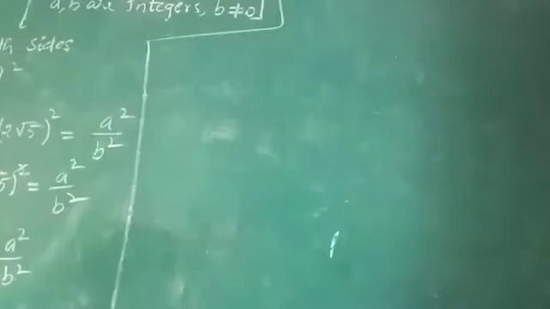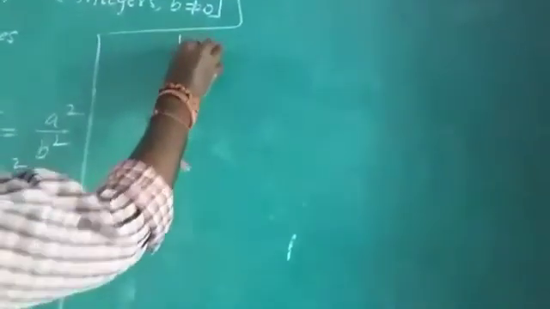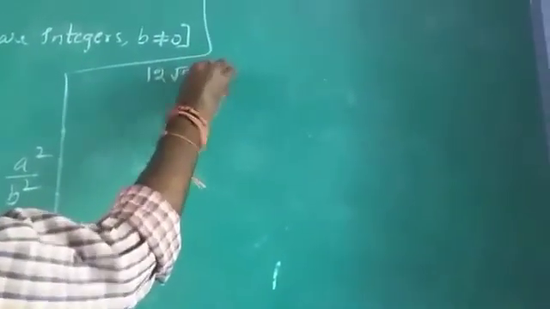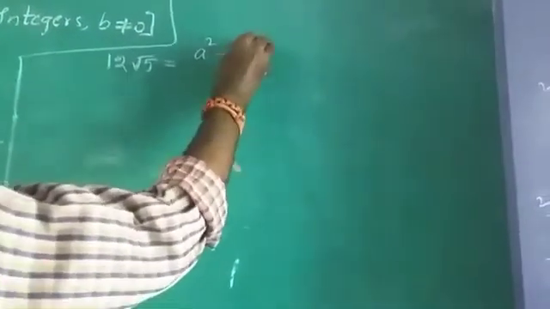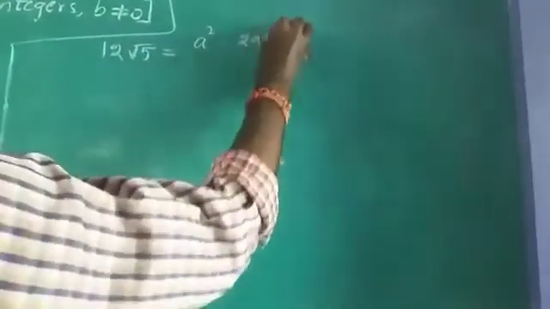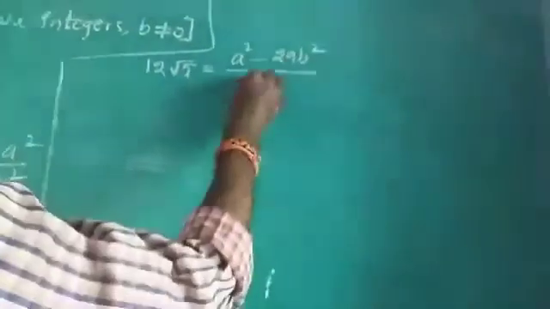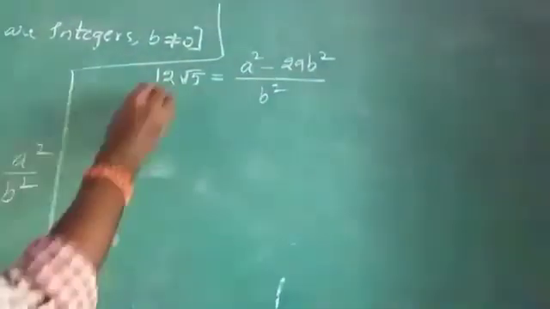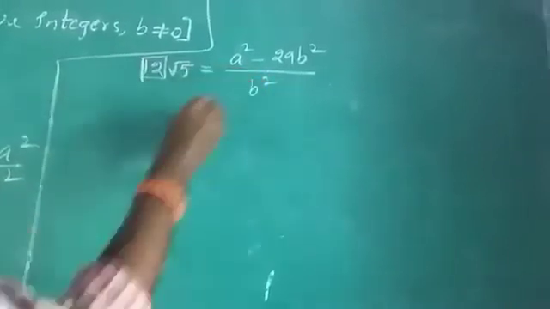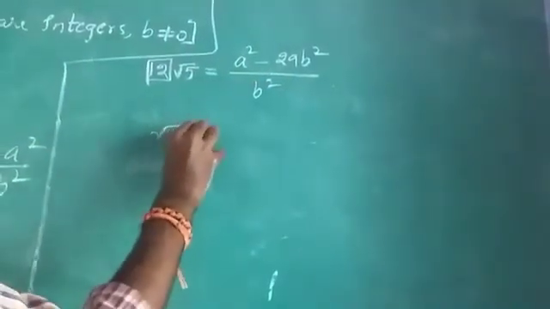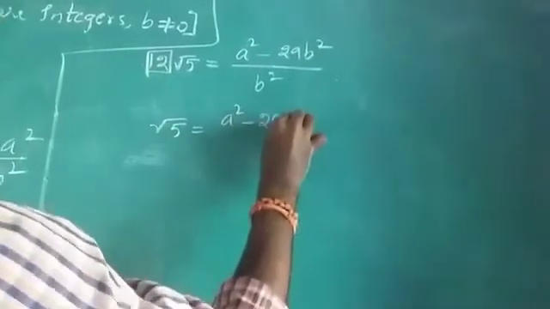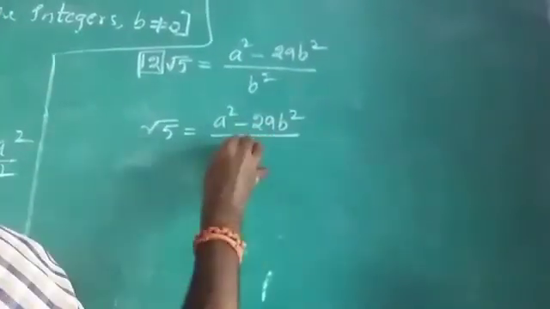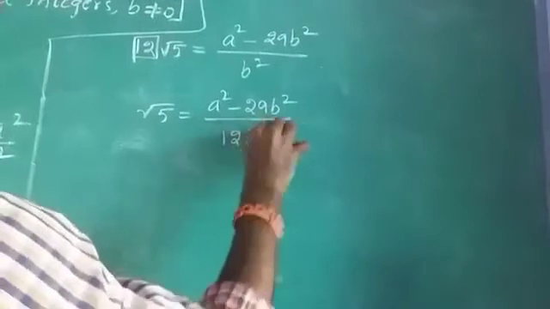Therefore, what can you do here is 12 root 5 is equal to a square minus 29 b square by b square. Then this 12 you transpose. So root 5 is equal to a square minus 29 b square by 12 b square.